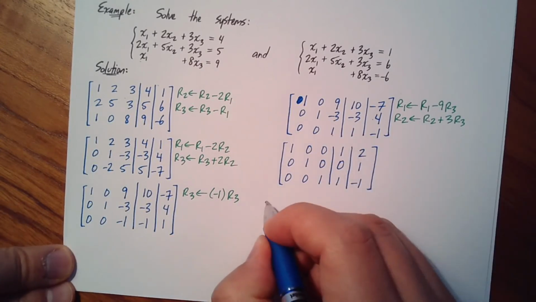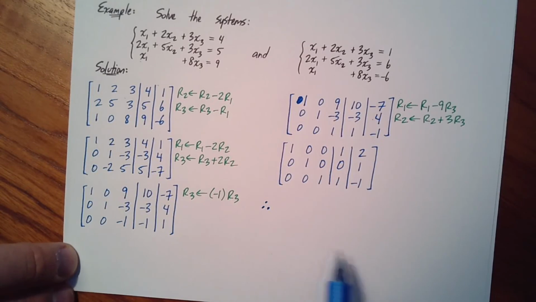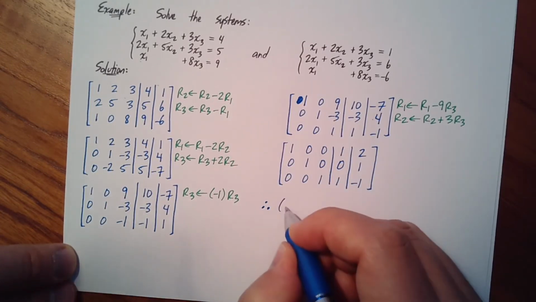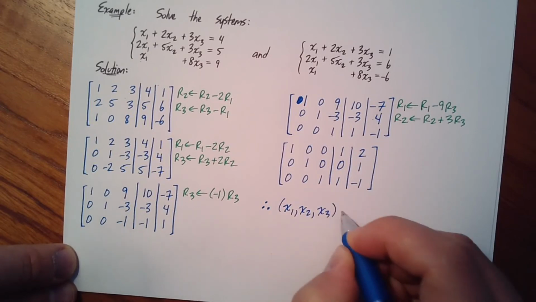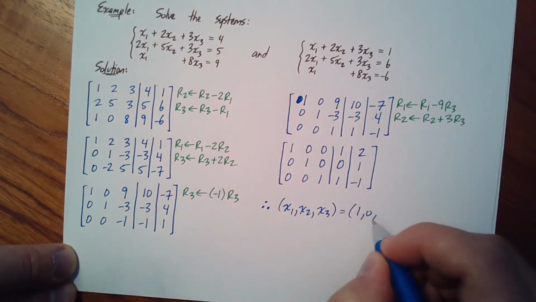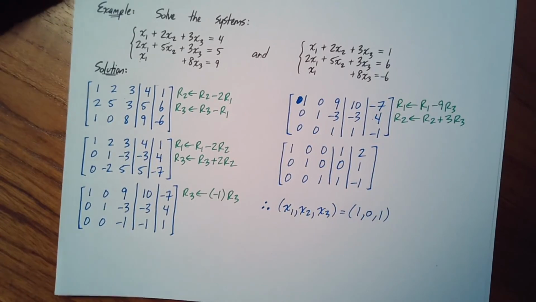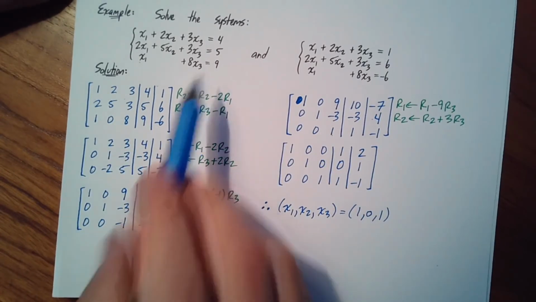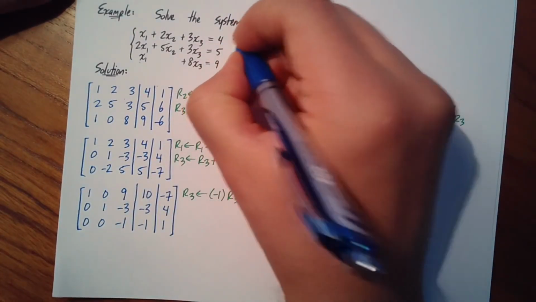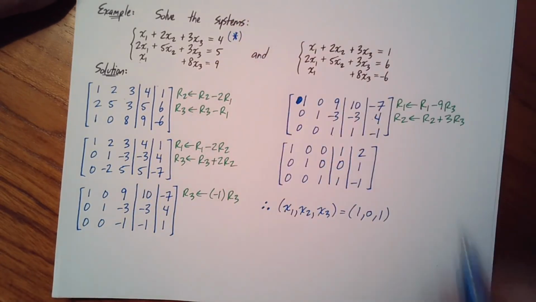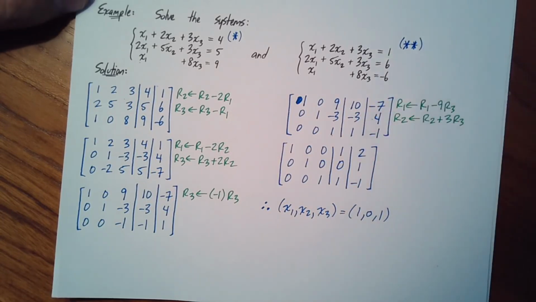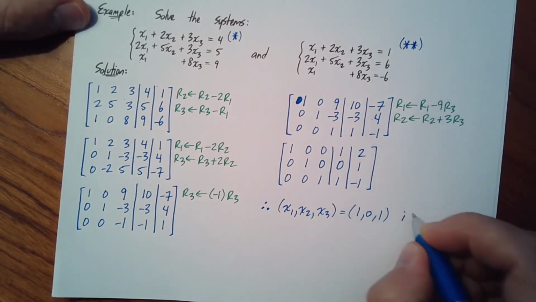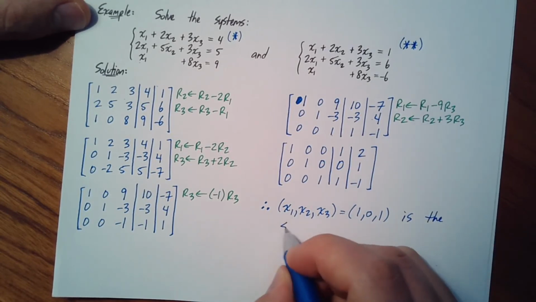So we can say therefore, and since I'm going to use row form this time, x1, x2, x3 equals 1, 0, 1. That is the solution to the first system. Let's label the first system as star, and the second system we can label it as double star. So this is the solution to star.